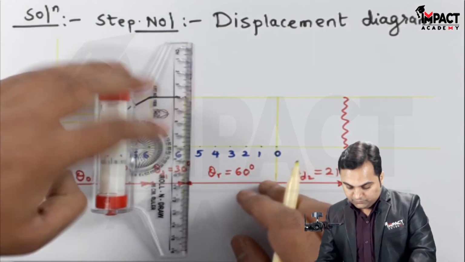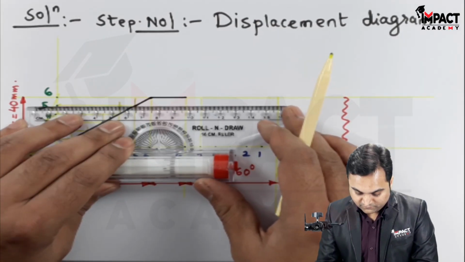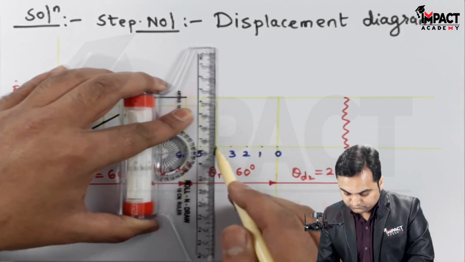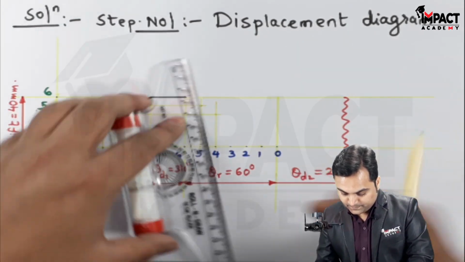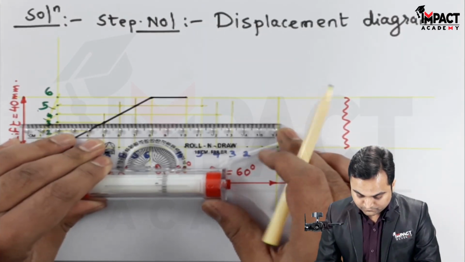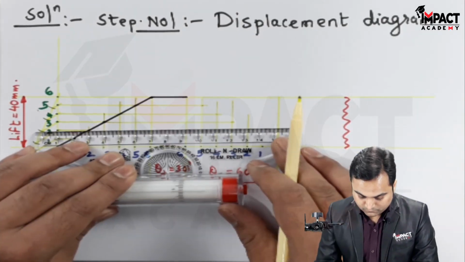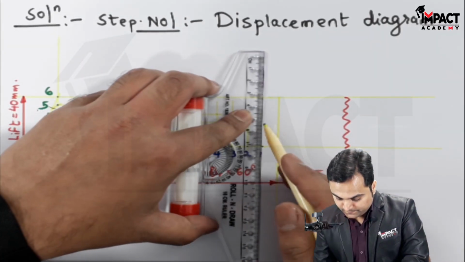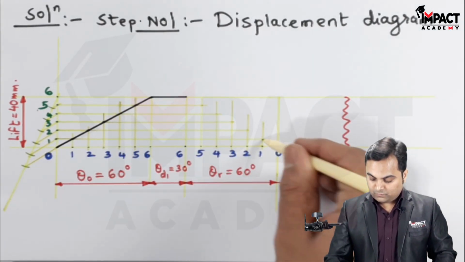So 5 would be projected up, 5 horizontally, point 4, 3, 2 and 1.